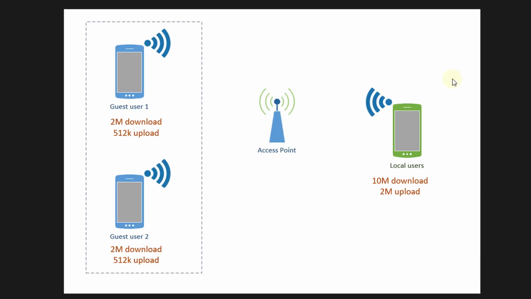But this is just for the local users, so it's not per device. So this is also an overall queue. This is the overall bandwidth that will be allocated for the local users.